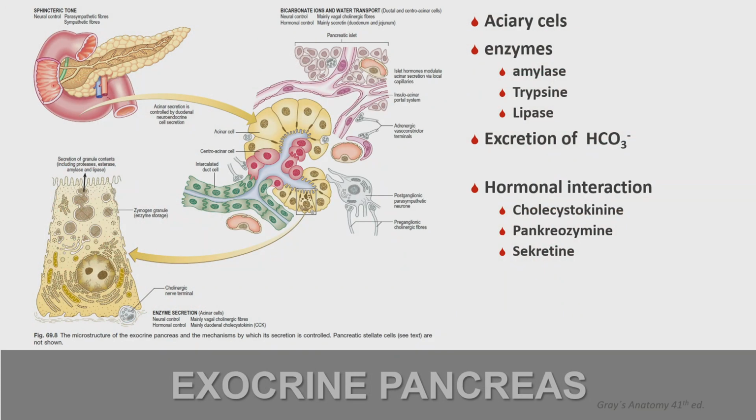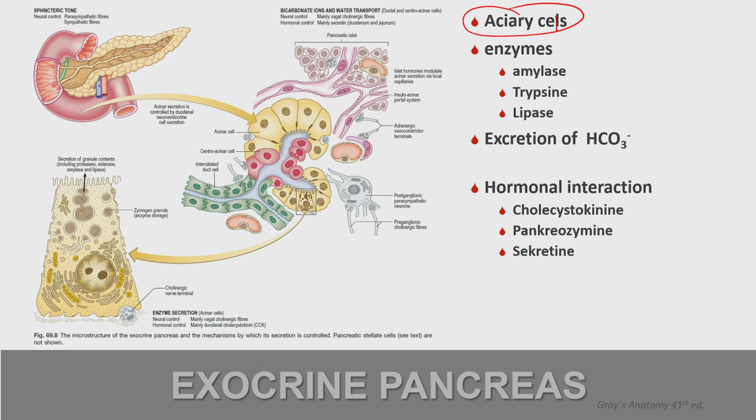So about the inner structure, the pancreas is a gland which has a part with exocrine tissue, and a second which has endocrine. Exocrine, they are acinar cells, and those acinar cells produce enzymes: amylase, trypsin, and lipase.